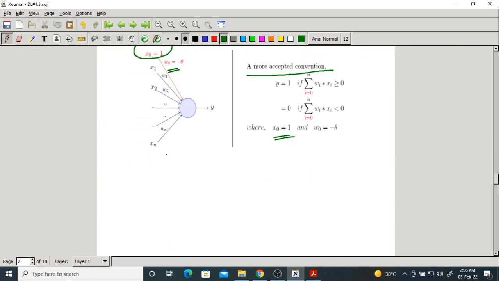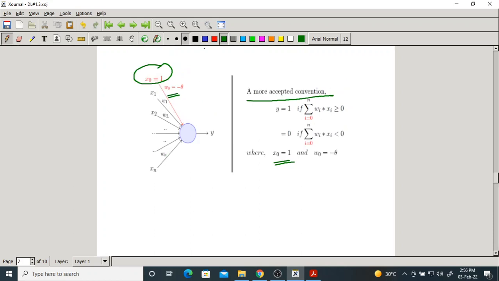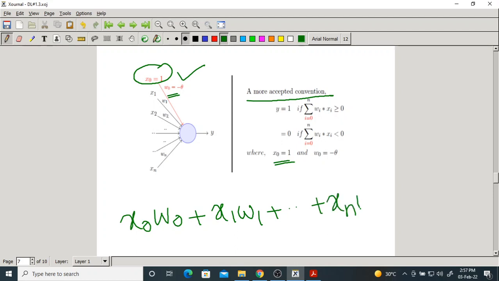The weighted sum is 1 into w naught, that is x naught into w naught, plus x1 into w1, plus so on, xn into wn. I am adding an input x0 which is always 1, with weight w0 equal to minus theta. It is called bias.